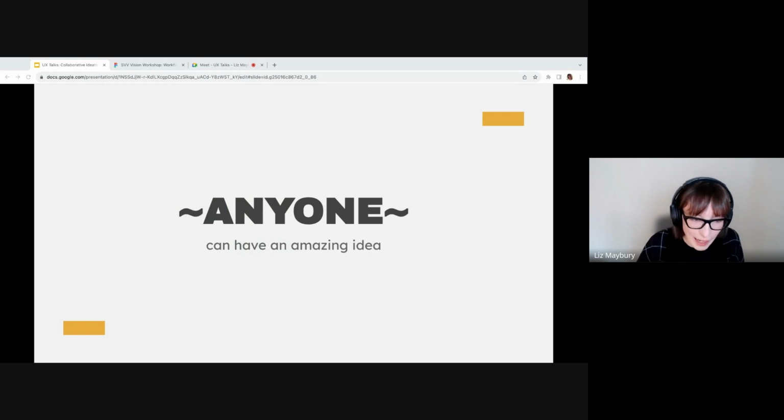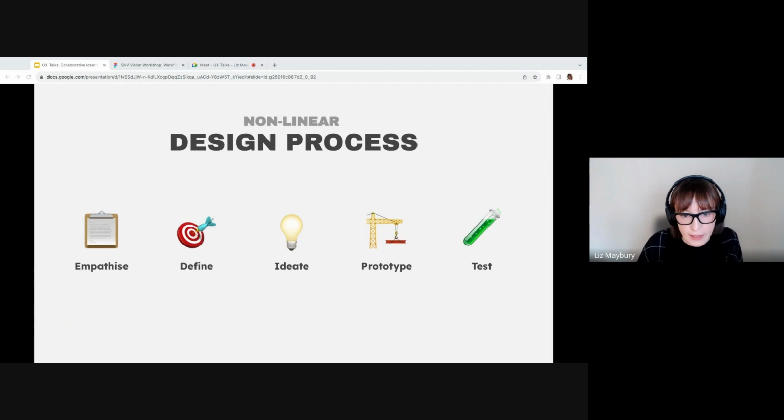So as you may have gathered, I am honing in a little bit on ideation sessions. Of course, collaborative design can take part at any point in the design process. This probably is a familiar chart. If we just quickly recap the process, we want to empathize with our users. We want to define the problems that we're trying to solve for them.